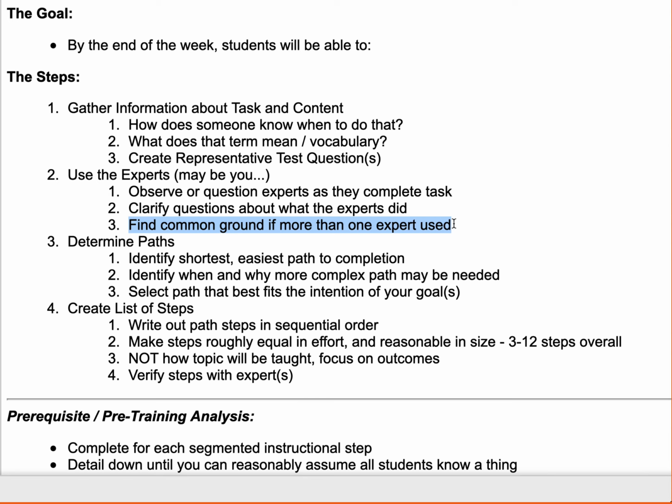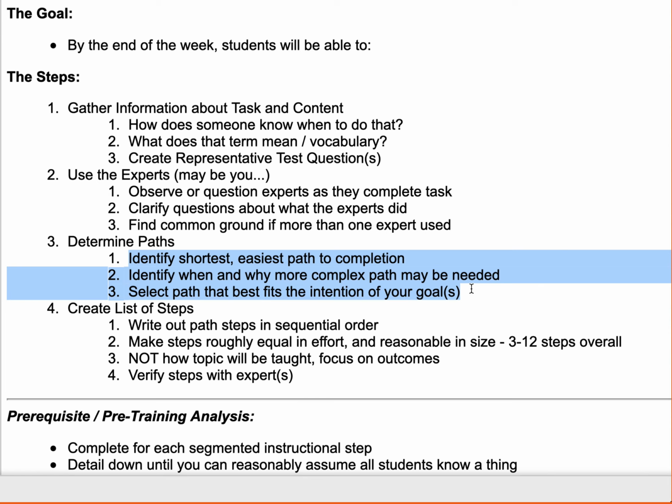See if there's common things that all of the experts do when they're trying to solve this problem or address this situation. So once you've watched somebody do this, whether that's you or someone else, and you have a good understanding of how the expert does it, then you can start laying out what the path is that you want your students to follow.